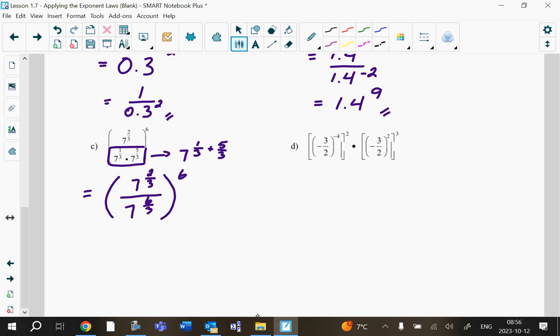Next, we're going to divide. So I'm going to divide inside. Got to keep the parentheses. Now I have to go 2 over 3 minus 6 over 3. What is 2 over 3 minus 6 over 3? Negative 4 over 3. And I still have to raise that to the 6th.